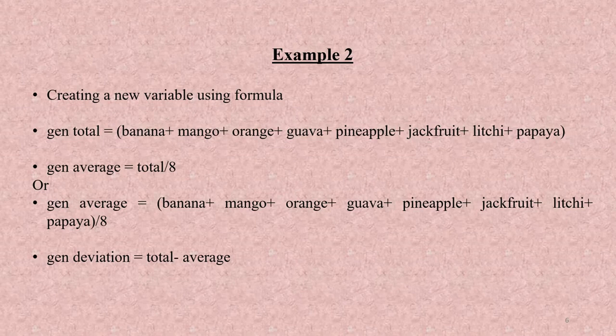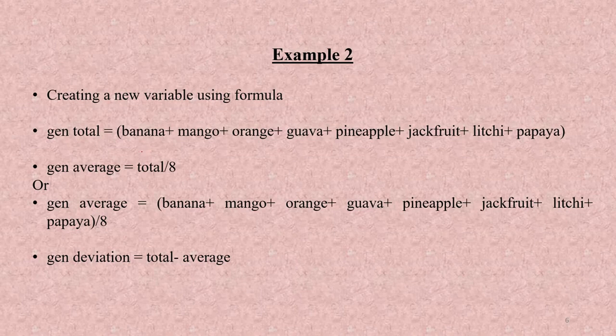So we add all these 8 original variables to create a sum total of the area, which is a new variable. And if we click enter, automatically it will create a new variable named total, which is nothing but the sum total of area under all these 8 fruits.